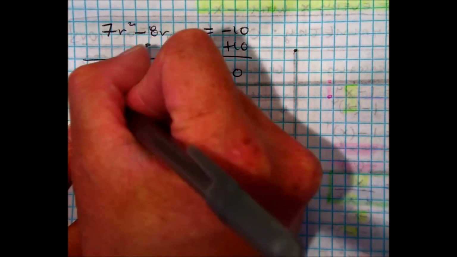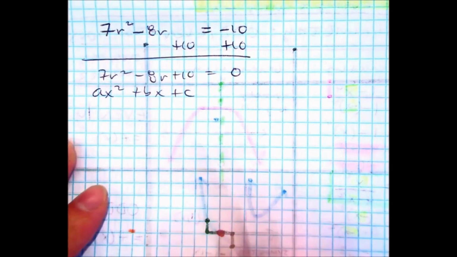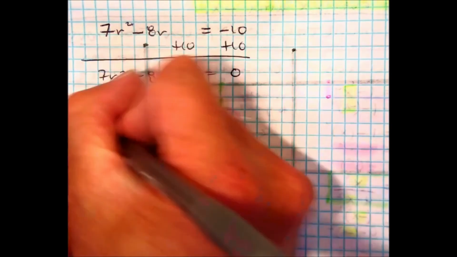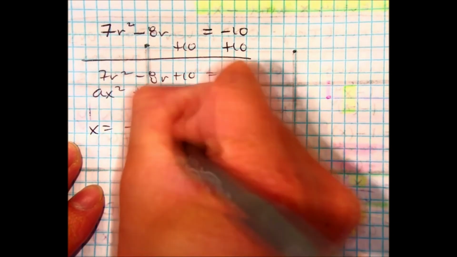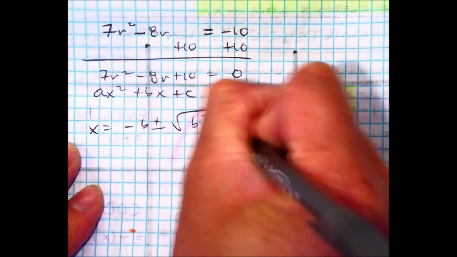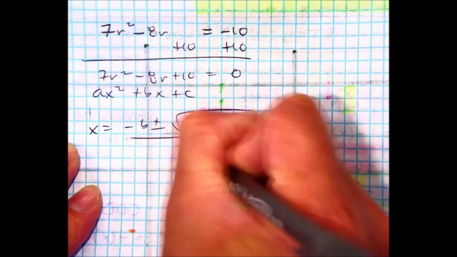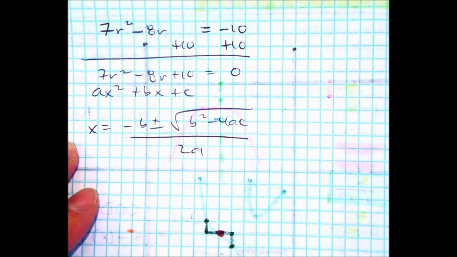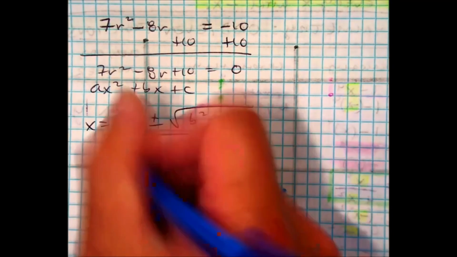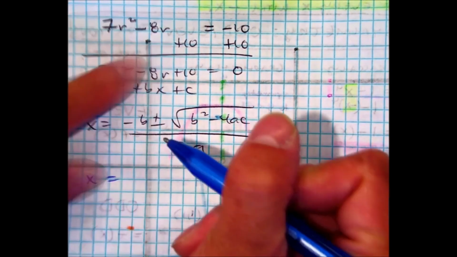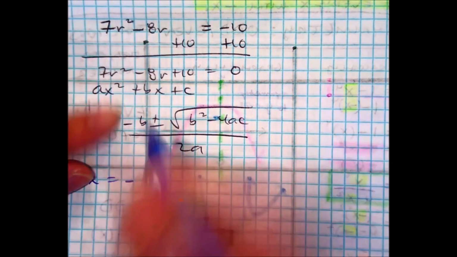Alright, next thing we're going to do here is we're going to identify our a, b's, and c's. Here I wrote down the standard form. And now I have the quadratic formula. Always write it down. So our b value is negative 8.